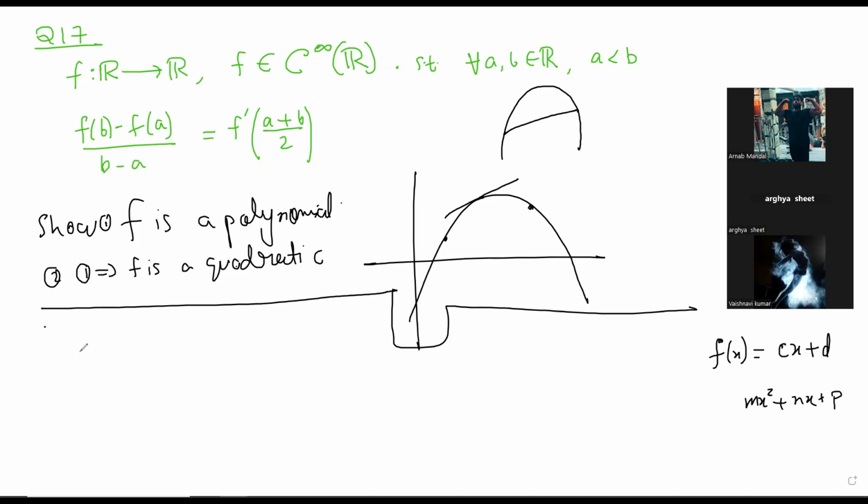That kind of thing means a symmetry, and that only happens when you have a quadratic. You can prove that rigorously. But anyway, we have taken care of that. We show that f is a polynomial.